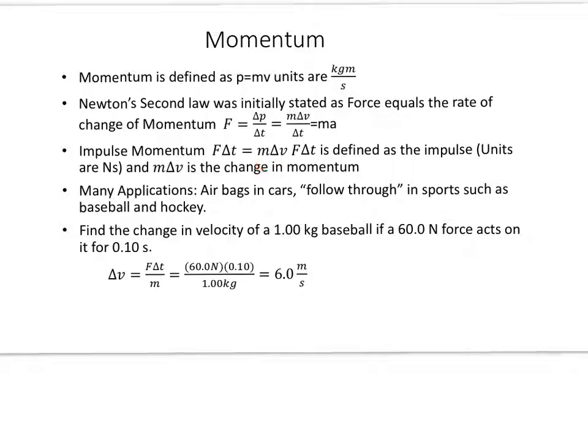And of course, m delta v is change in momentum. These two are numerically equal to each other. The impulse is numerically equal to the change in momentum, and the units, newton seconds, are equal to kilogram meters per second.